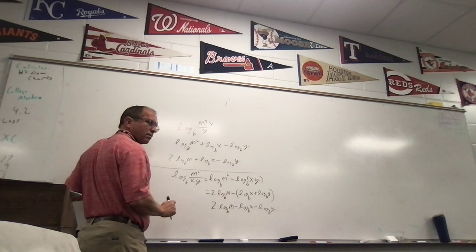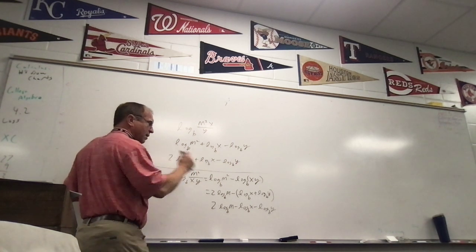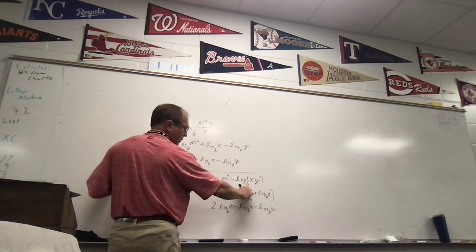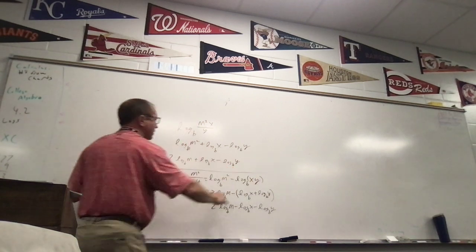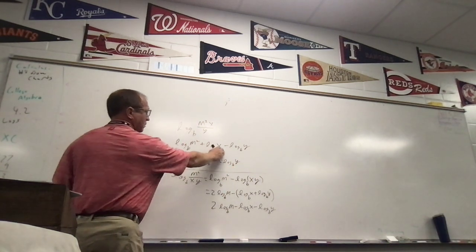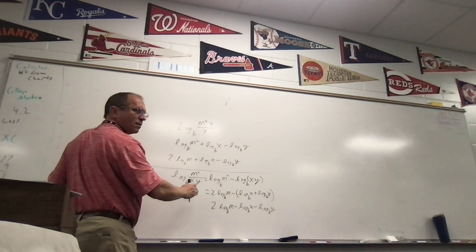Subtract m squared. Yeah, okay. Now, at this point right here, I've still got a multiplication of two things, right? So how do I deal with multiplication? I add, right?